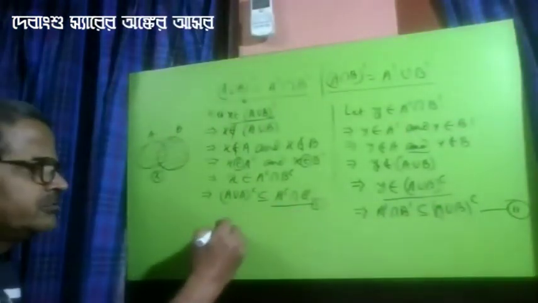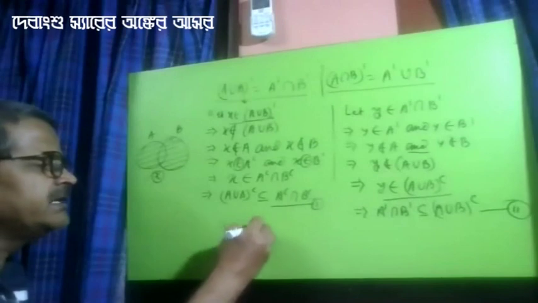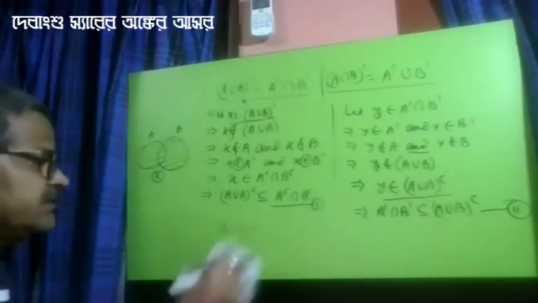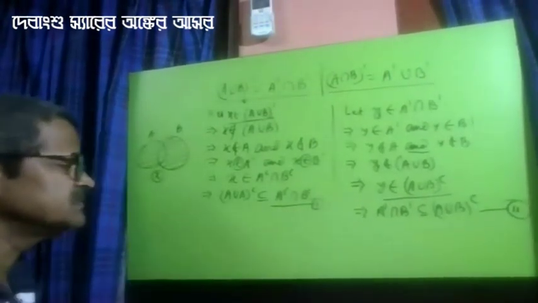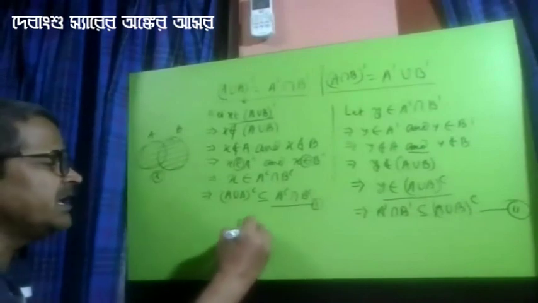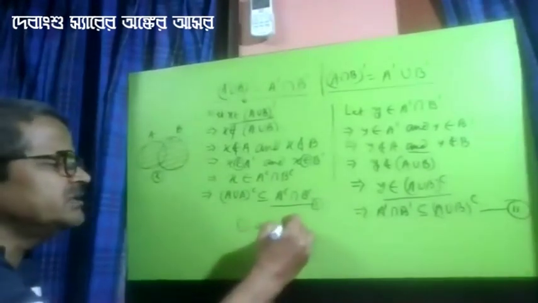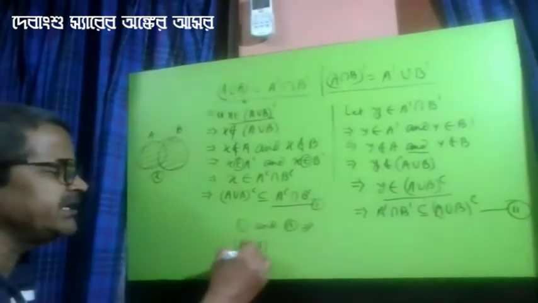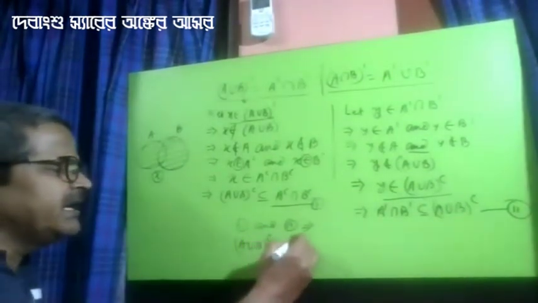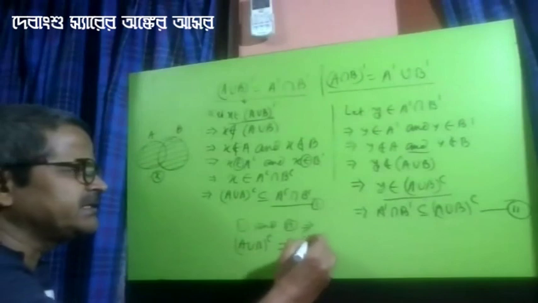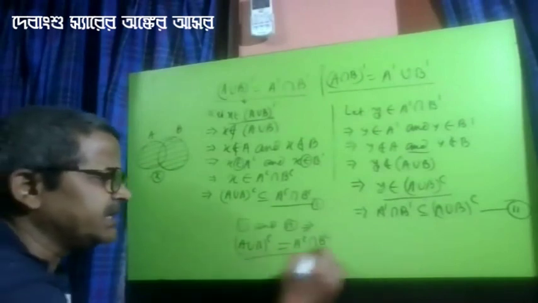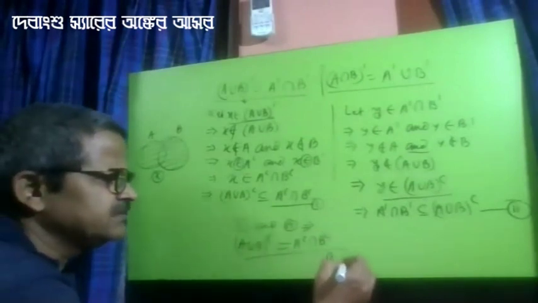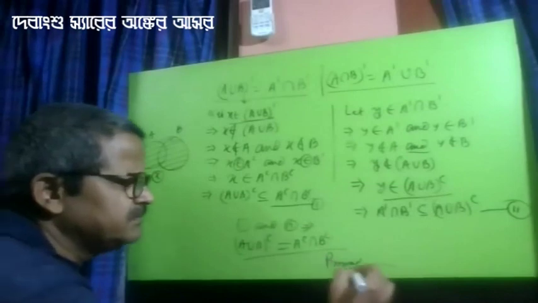So 1 and 2 imply that the sets A union B complement and A complement intersection B complement are equal. So this is good.